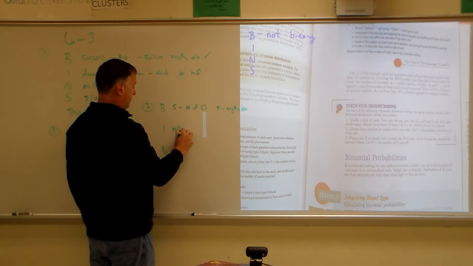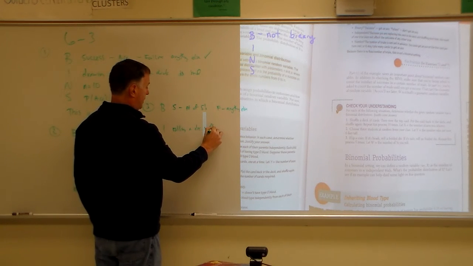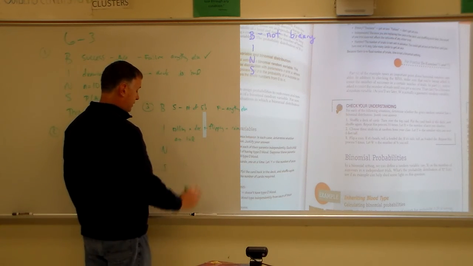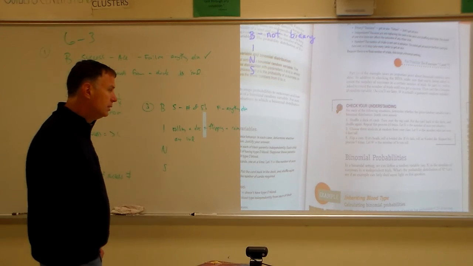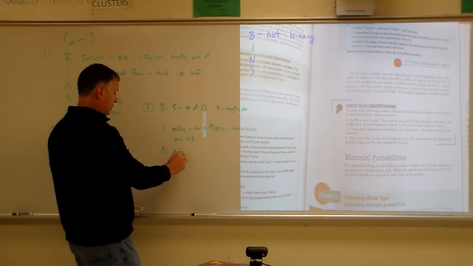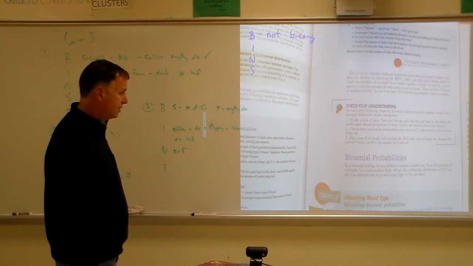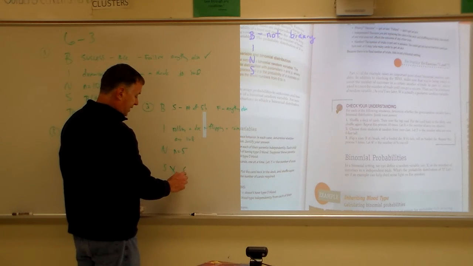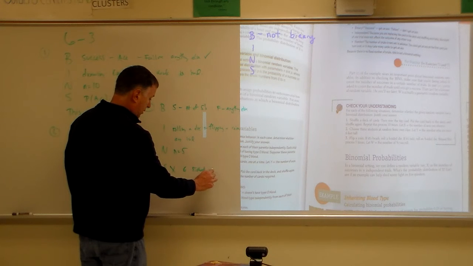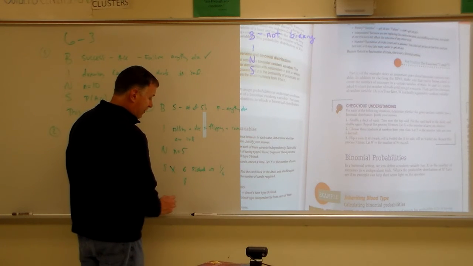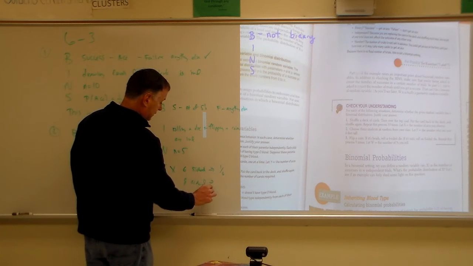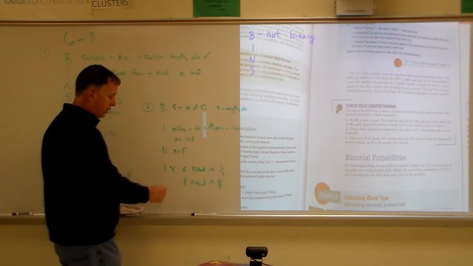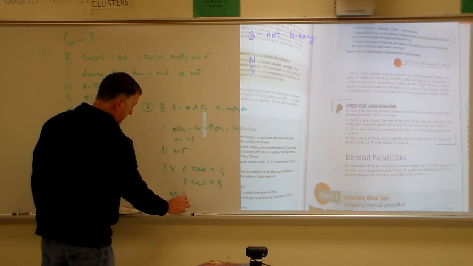Rolling a die and flipping a coin are independent events. N, 5 times. Probability of success. I would say that's different, so this fails. If you have a 6-sided die, you're going to have a 1 in 6. If you have an 8-sided die, it's going to be like 1 in 8. So the probabilities are different, so it's not binomial. Not binomial.